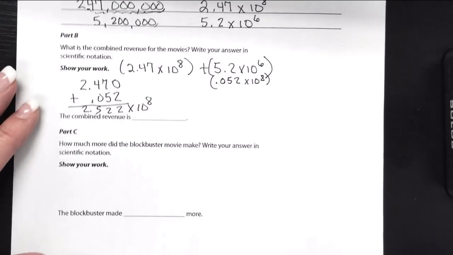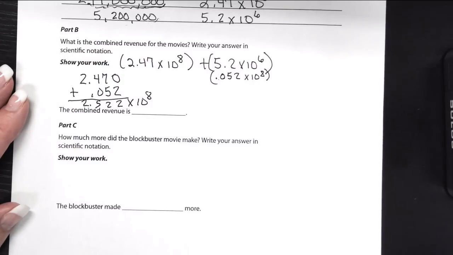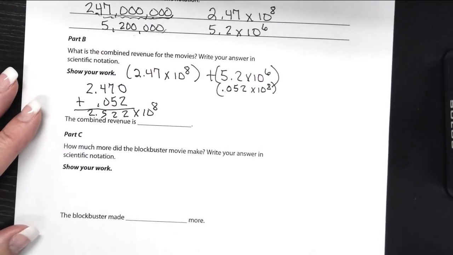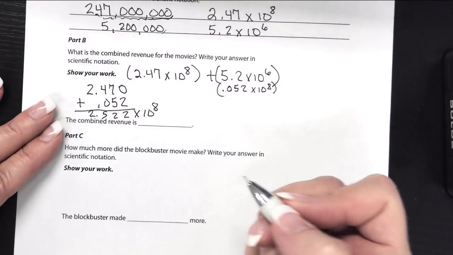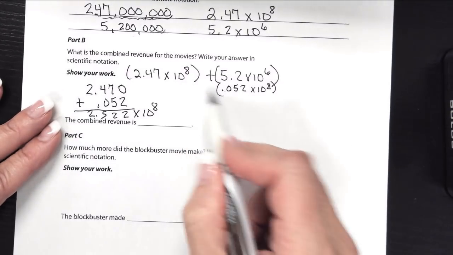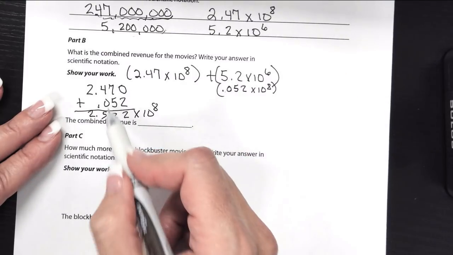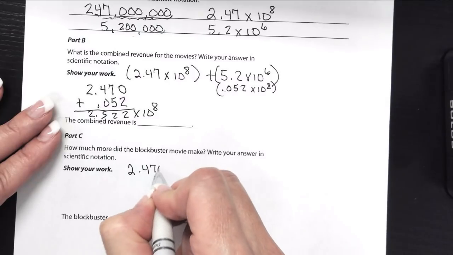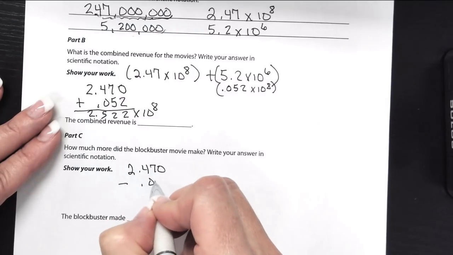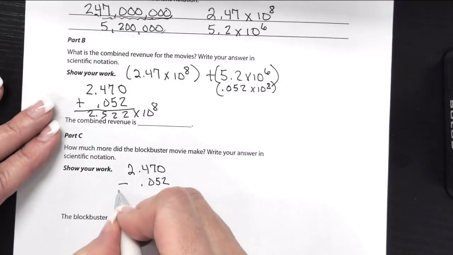All right, then C says, how much more did the blockbuster movie make? Write your answer in scientific notation. So they want to know the difference. So now I've already got them matching. So instead of adding, I'm just subtracting. So 2.47 minus the other one.